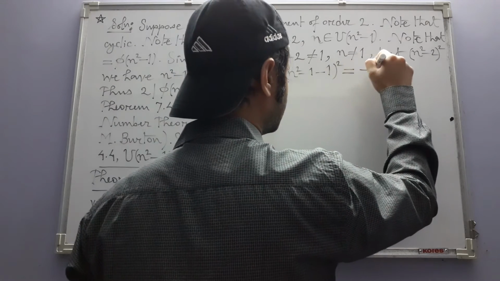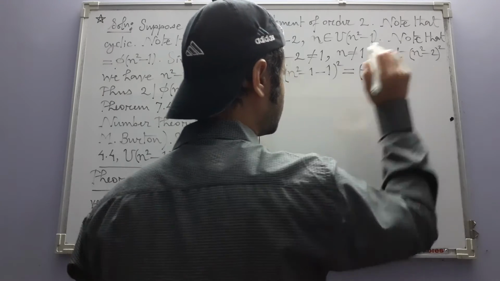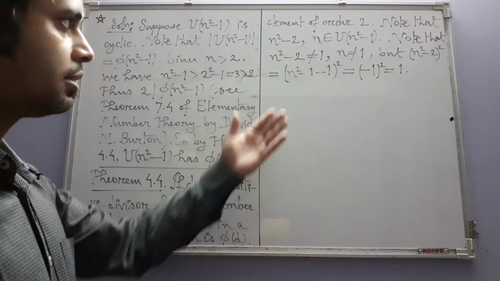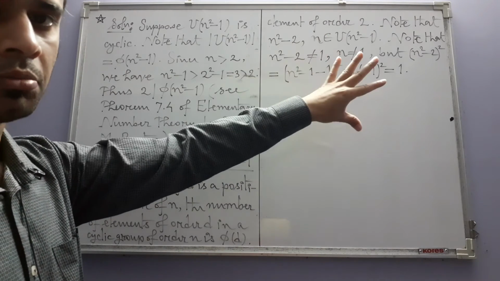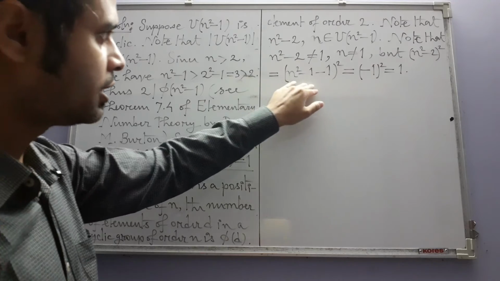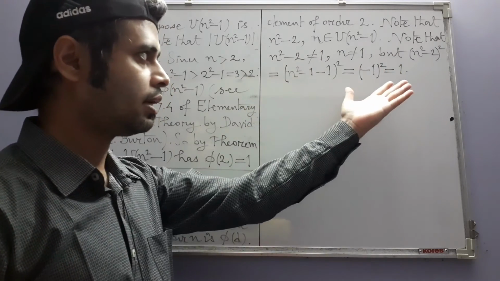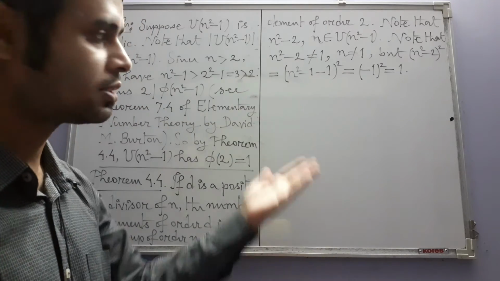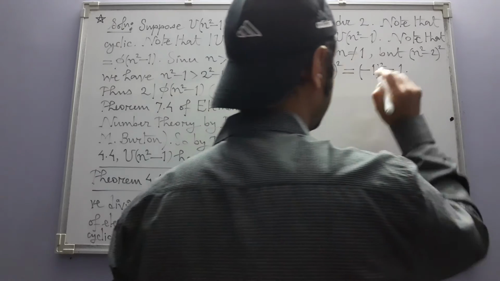So we have this. Keep in mind that in this calculation we are using properties of that operation, multiplication modulo n square minus 1. Ordinarily, if we are just simply calculating like this in the system of real numbers, everything is wrong here. But in this group it makes sense.